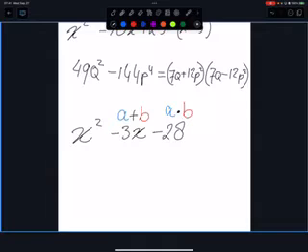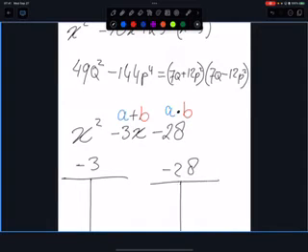You always start with the number in the back. I need to multiply two numbers, and those same two numbers, when I add them together, they're minus 3. So when I multiply them, they're negative 28. When I add them together, they're negative 3.